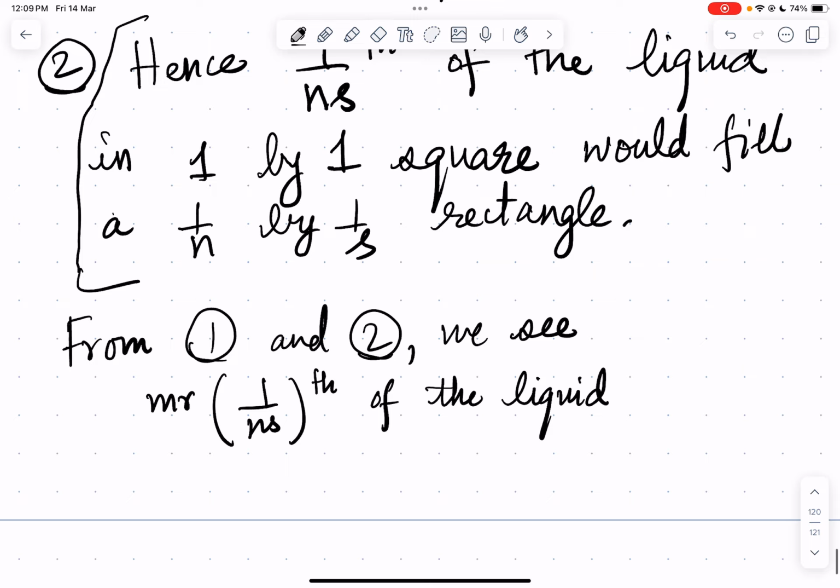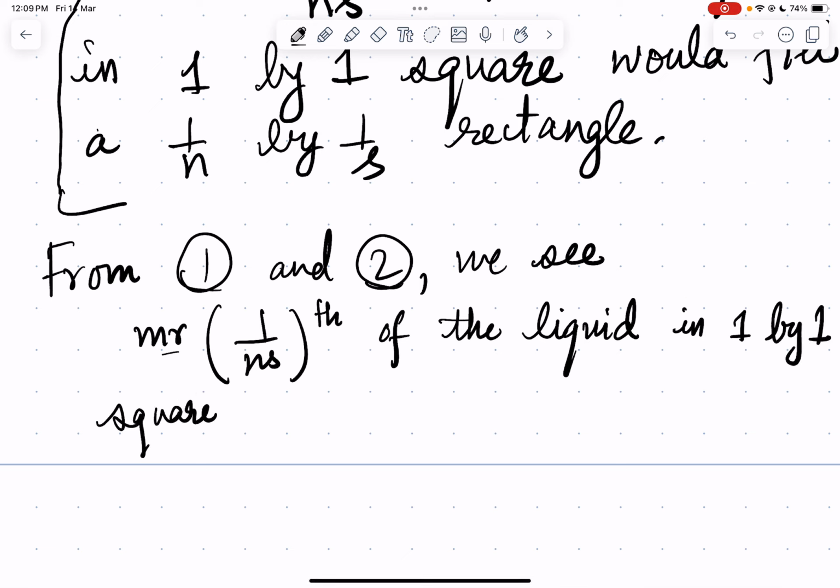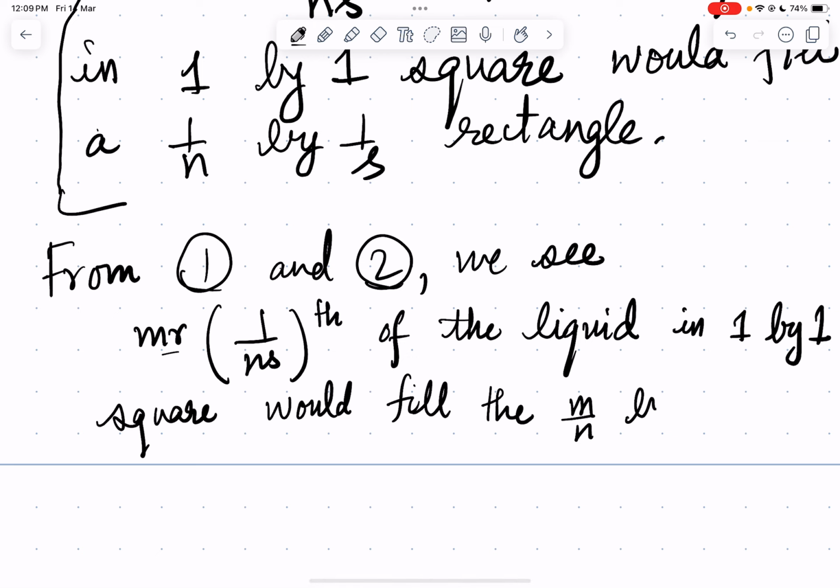So mr times 1 by ns of the liquid in the 1 by 1 square would fill the m by n by r by s rectangle.